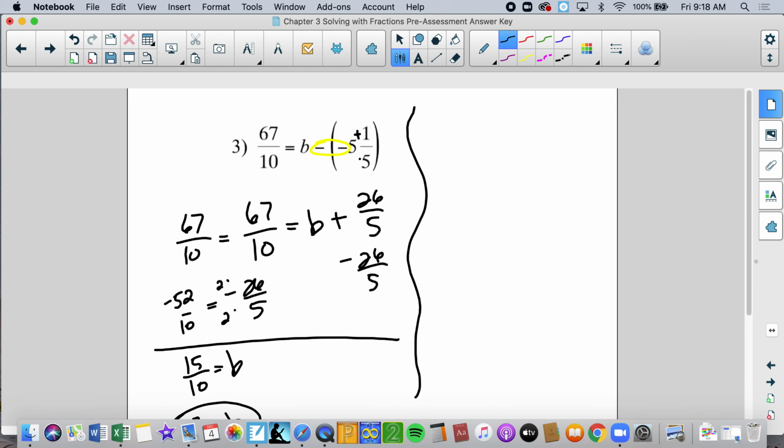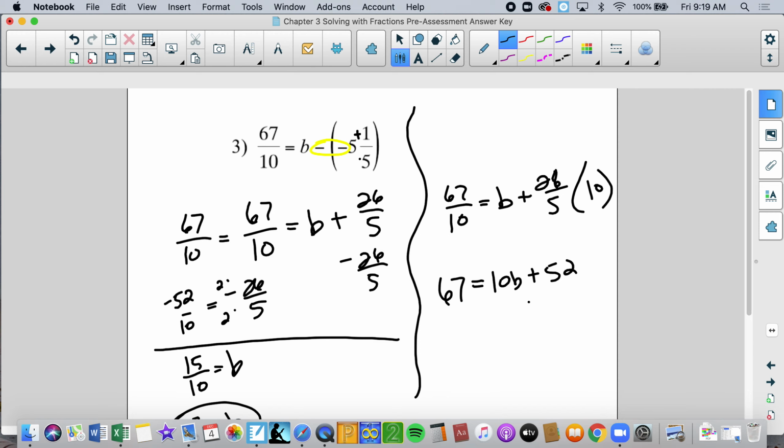If we want to use the other method, we get 67/10 equals b plus 26/5. LCM is 10. 10 times 67/10 leaves you with 67. 10 times b is 10b. 10 times 26/5. 5 cancels with the 10 2 times. 2 times 26 is 52. Then you subtract 52.